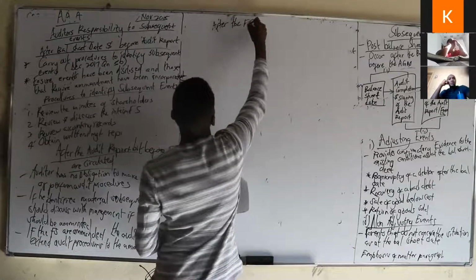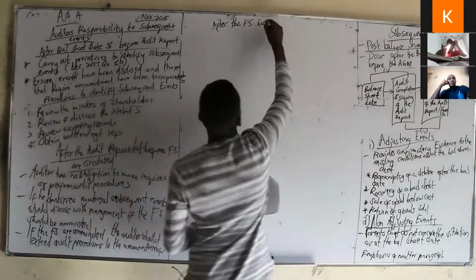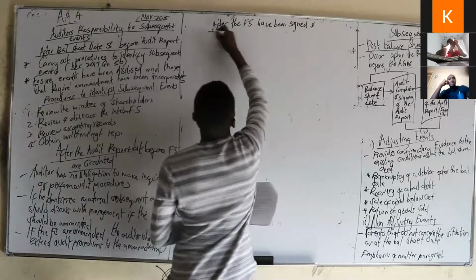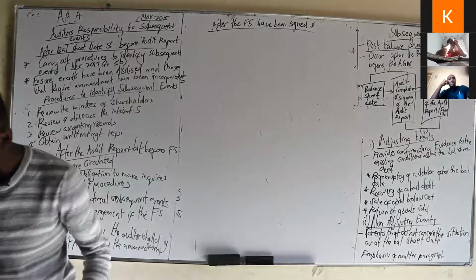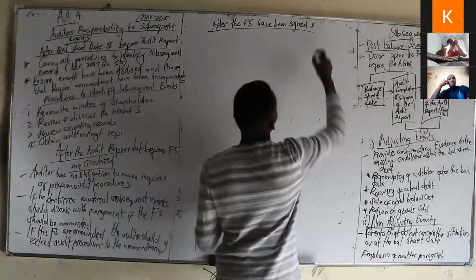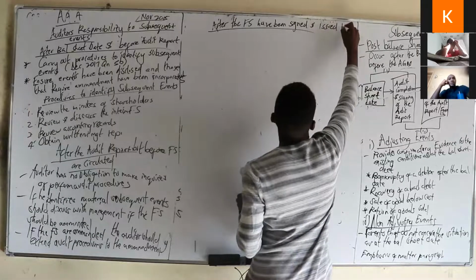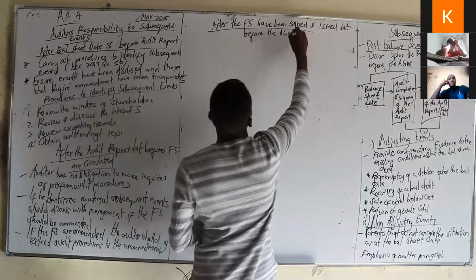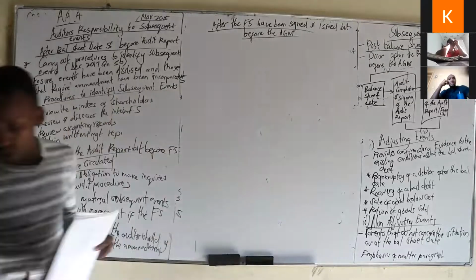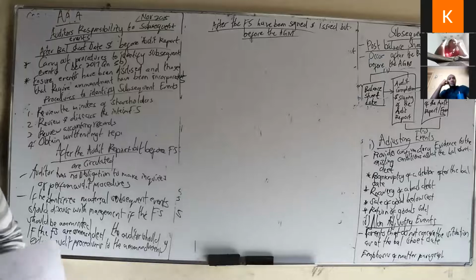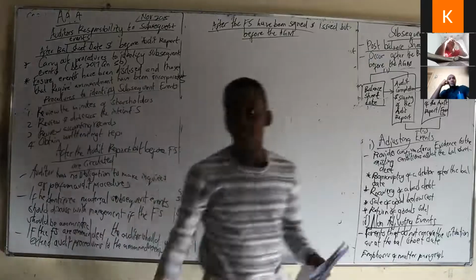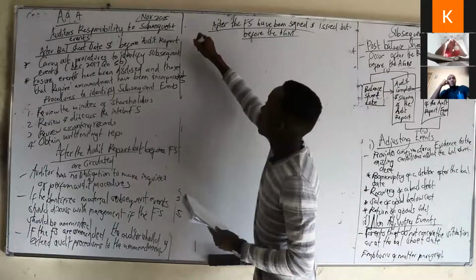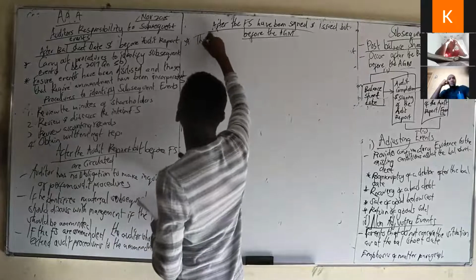After the financial statements have been signed and issued, but before the AGM, because the AGM now is where everything is to be included, the same case applies at this stage: he has no responsibility with these subsequent events.